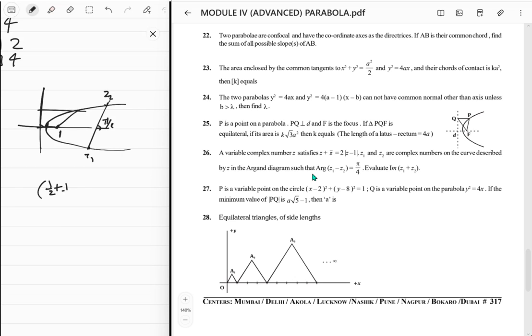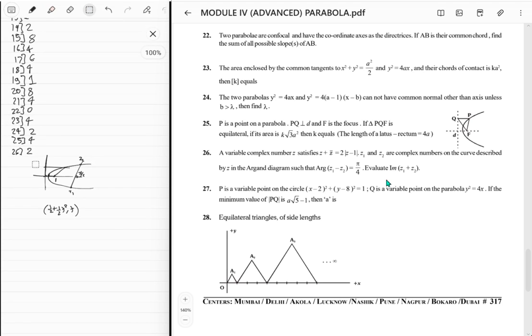The x coordinate is 1 upon 2 t squared, and the y coordinate is 2At, which is just t. And this slope is once again just 2 upon t1 plus t2. That's equal to 1, so t1 plus t2 is equal to 2. So the sum of the imaginary parts is 2. This is the answer. So 26th is 2.